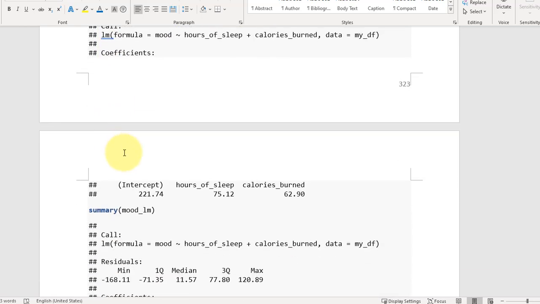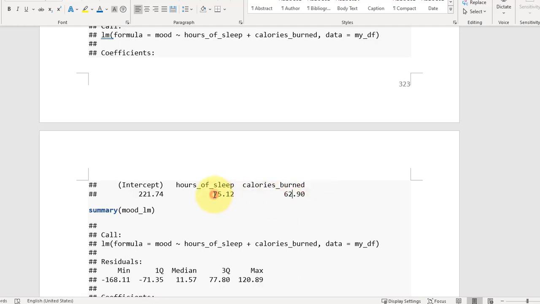And we have a y-intercept so to speak, and a coefficient for hours of sleep, and a coefficient for calories burned. And here we can see that this has more effect on predicting mood than this does.